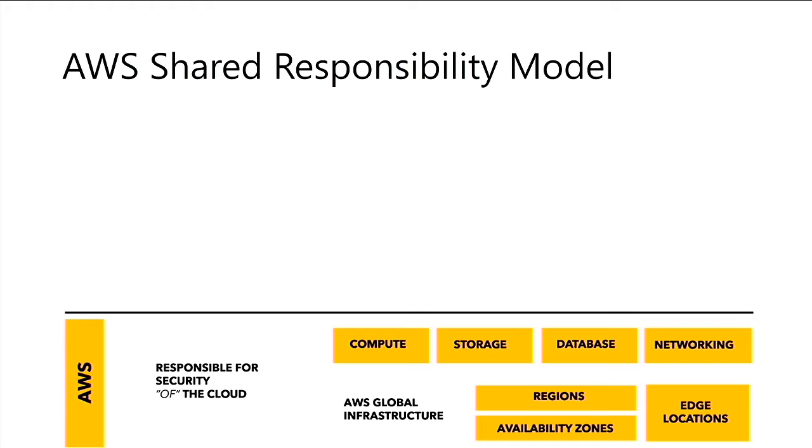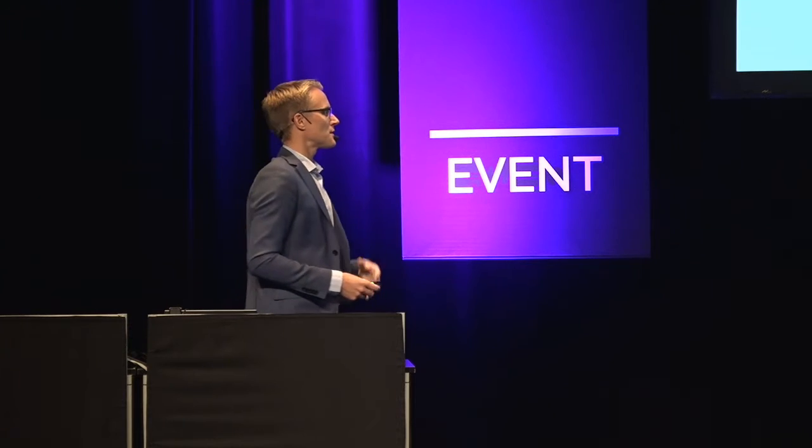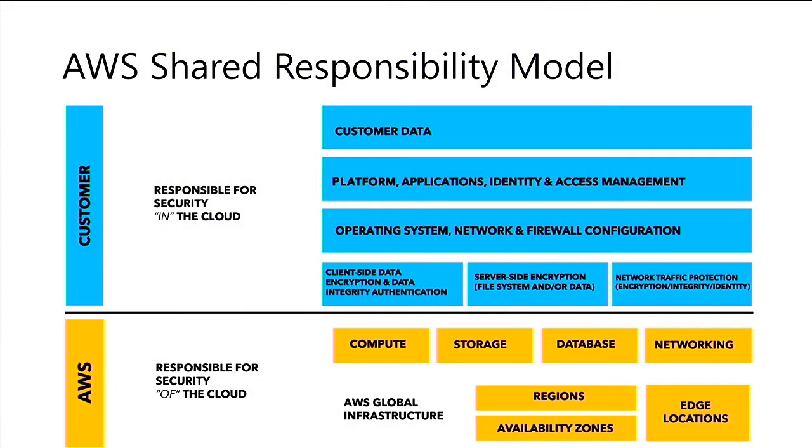Or we rely entirely on the security and compliance and the encryption and the secure transfer and everything that's implemented by them. They take care of the security of the cloud. You have to work on the security in the cloud, which is at least as big, depending on what implementation it is, of course.